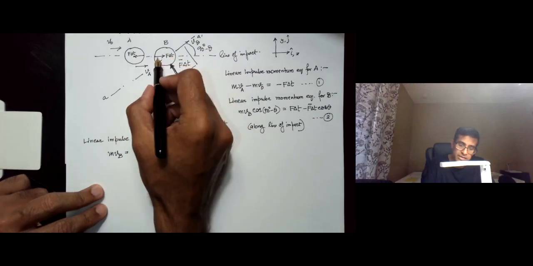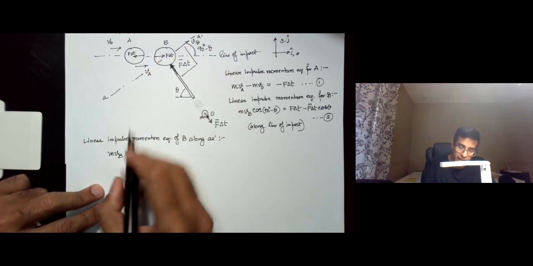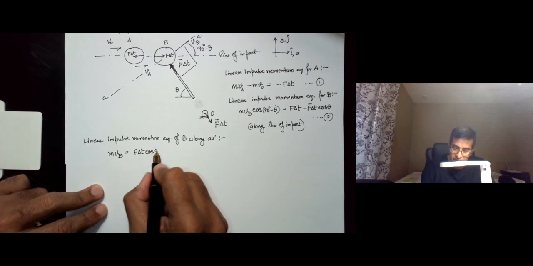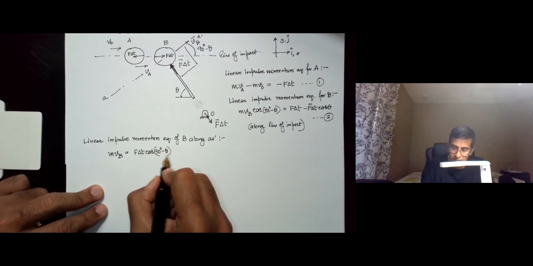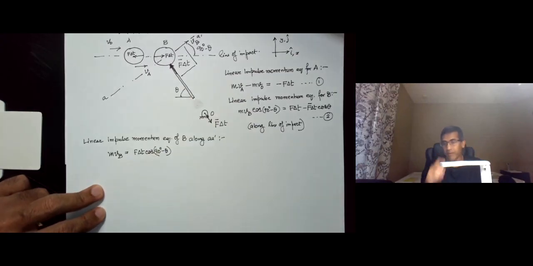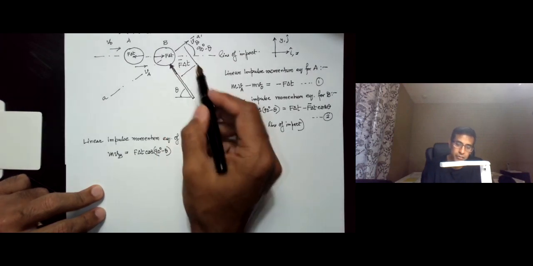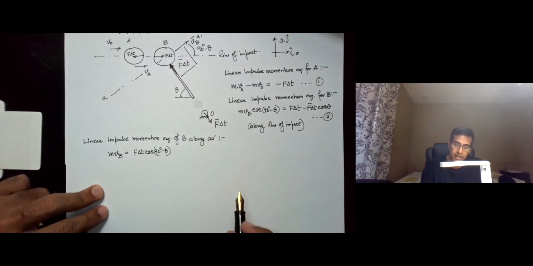So what is the impulse along AA prime for f delta t? Well, it is f delta t cosine of 90 degrees minus theta. Now let's look at the effect of f bar delta t. Now we note that f bar delta t, by virtue of being perpendicular to the AA prime direction, does not have any component along AA prime.